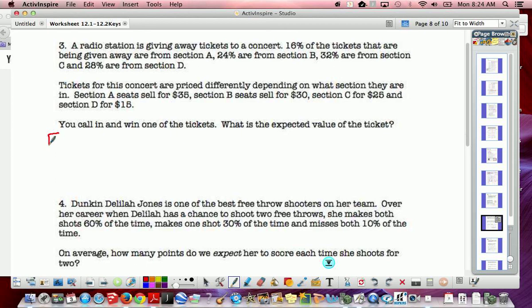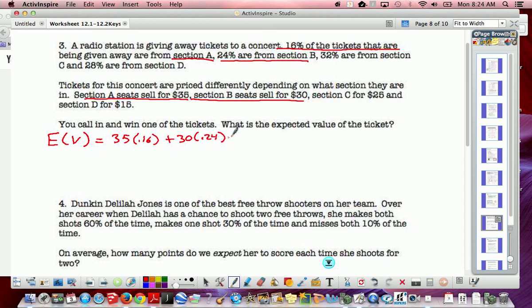So again, to get your expected value, you take the value of each ticket and multiply it by the probability of you winning that ticket. We start with Section A at $35. There are a total of 16% from Section A. Then Section B is $30, with a total of 24% from this section.